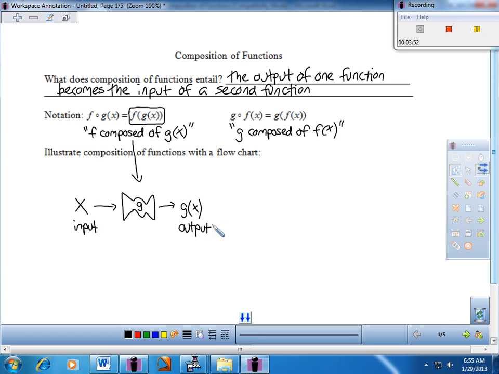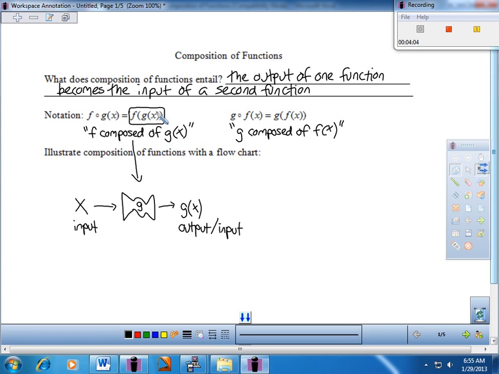Okay, good. Now it doesn't actually stop there. That g of x goes further. So as the little definition up above suggests, the output of one function then becomes the input of a second function. And you can kind of see that. That's why I like this notation right here. G of x then becomes the input for the f function.